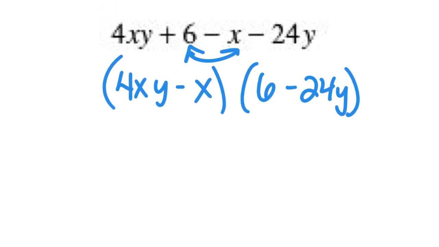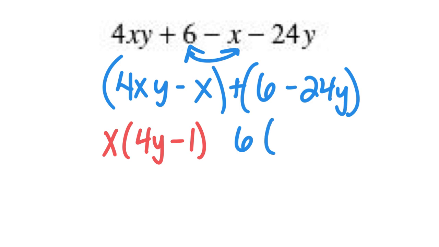And that would be a positive 6, by the way. So let me put that plus back down right here. So looking at that first group now, 4xy minus x, I can pull an x out of that and leave me with 4y minus 1. And in my group with the 6 minus 24y, well, I can pull a 6 out of that and leave me with 1 minus 4y.